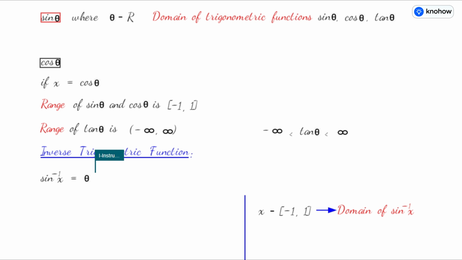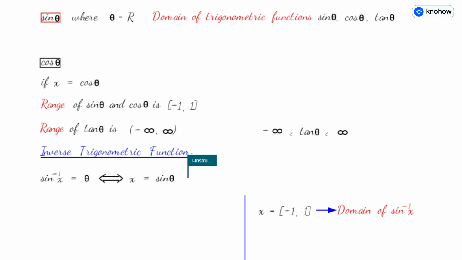Please note, it is an angle, say we denote it by theta, such that sine inverse x is theta. Which angle theta? The angle whose sine is x, such that x is equal to sine theta. I already discussed the domain of sine inverse x: x may be any real number between -1 to 1.